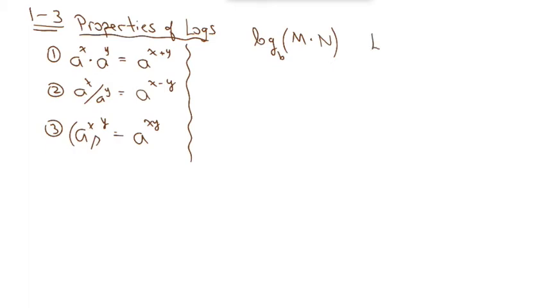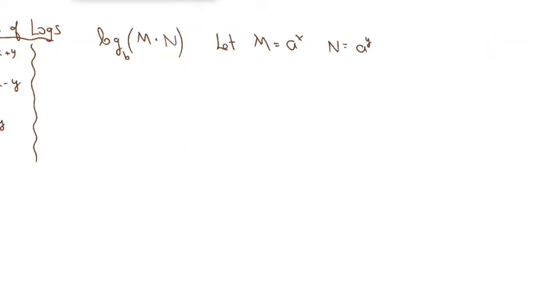So we're going to let m equal a to the x, and n equal a to the y. I'm just going to choose these as their possibilities. The nice thing about letting them be a to the x and a to the y is they're guaranteed to be positive, because exponential functions have to be positive for any value of x and y.